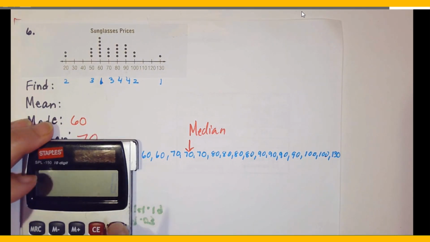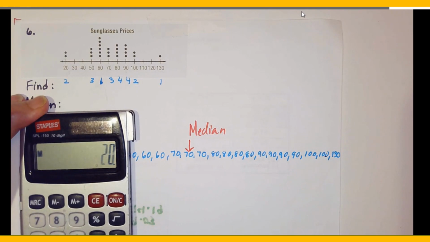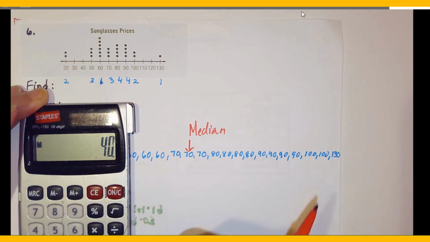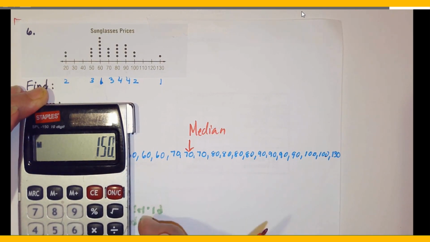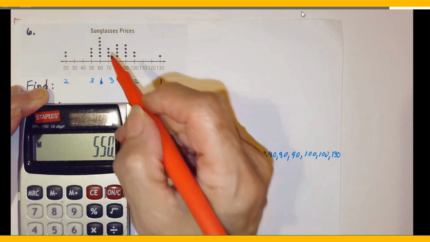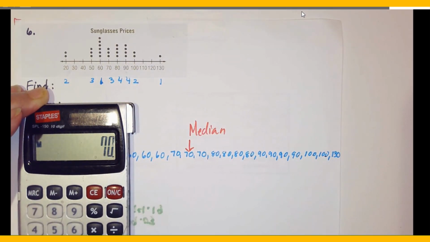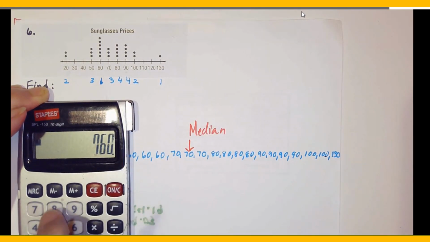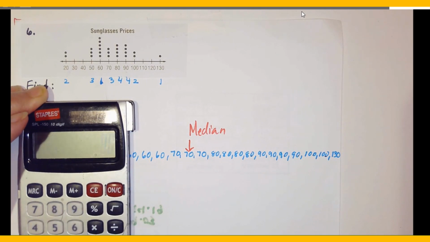So we can just do this. We have two 20s, 20 plus 20. We have three 50s, that's 150. Let's see if we can do it that way. Six 60s. 1, 2, 3, 4, 5, 6. Three 70s. Four 80s. 1, 2, 3, 4.